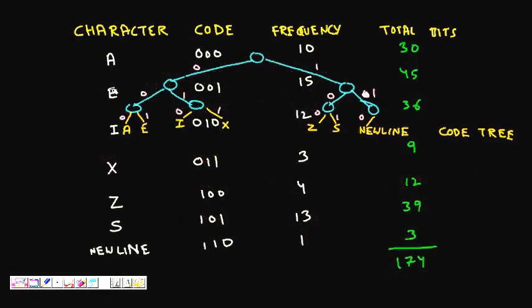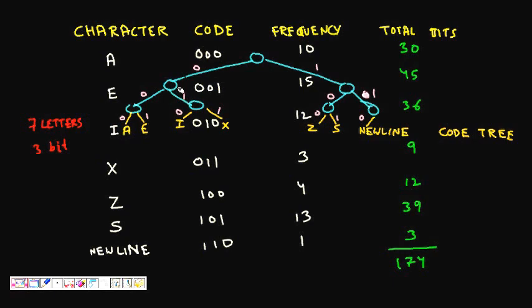Suppose we have 7 letters here, and we need to transmit them across the channel. 3 bits are sufficient to encode 7 different letters.